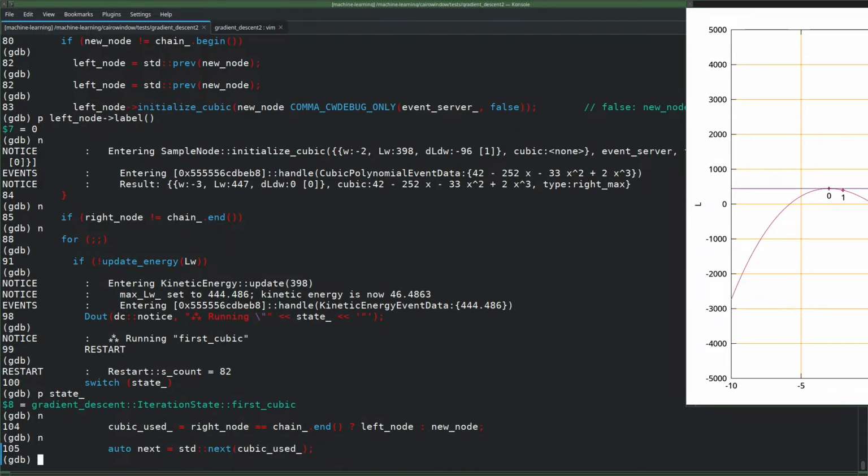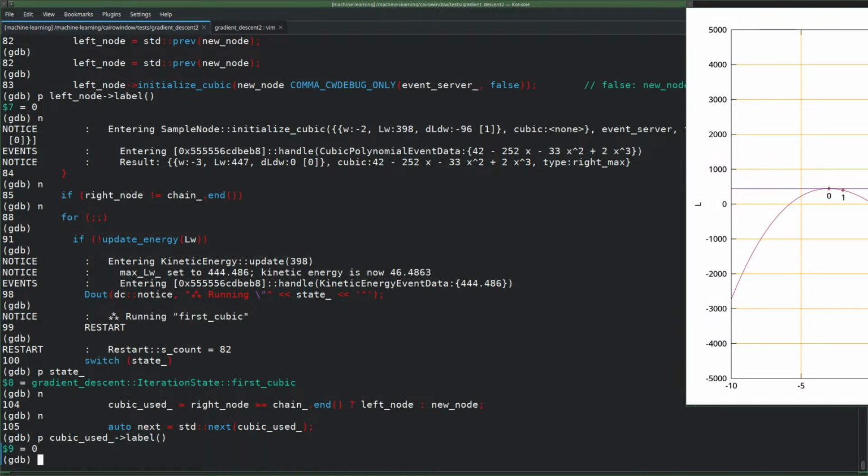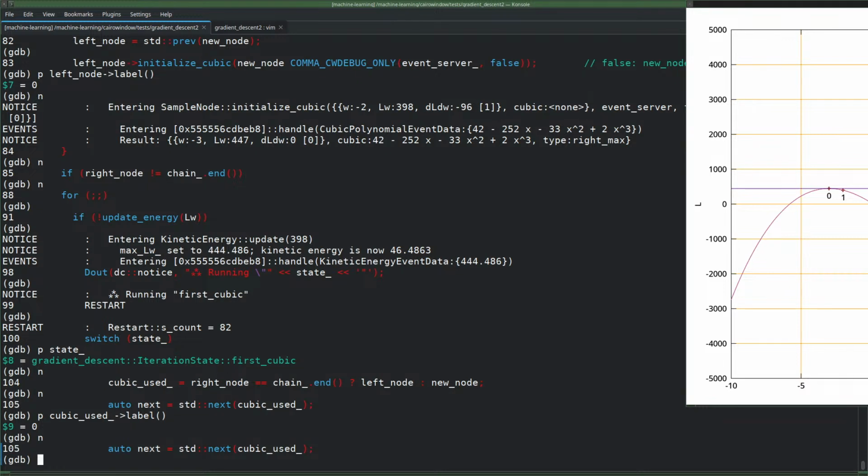Which means that after that line, cubic used, which is just an iterator to assemble actually, but the cubics are in the left one, so this cubic sits in 0. So cubic used label is then 0. And then next is set to next of that, so then after this next must be 1.